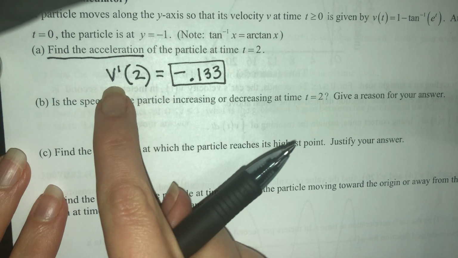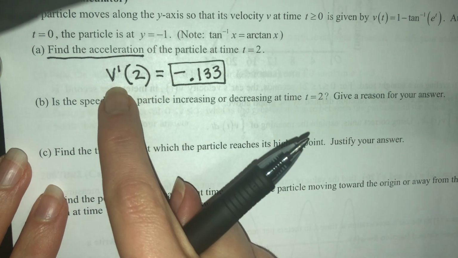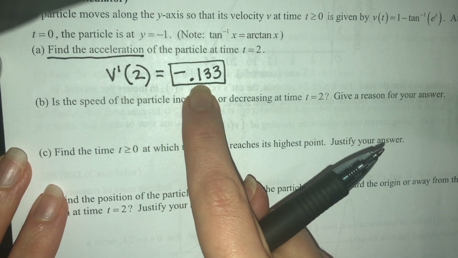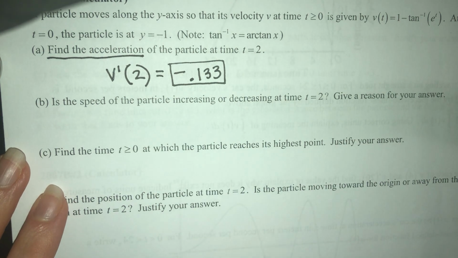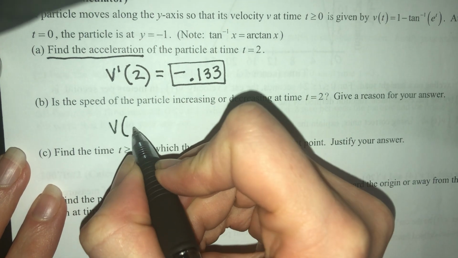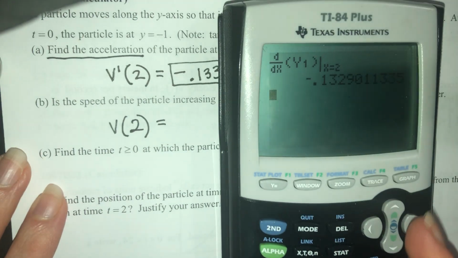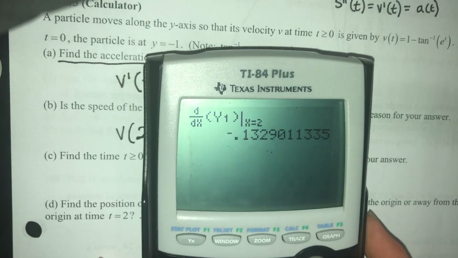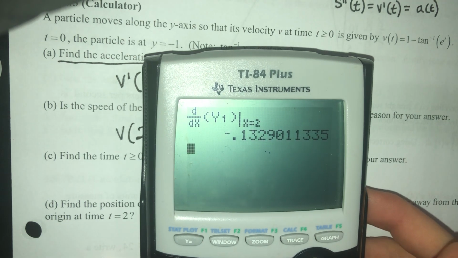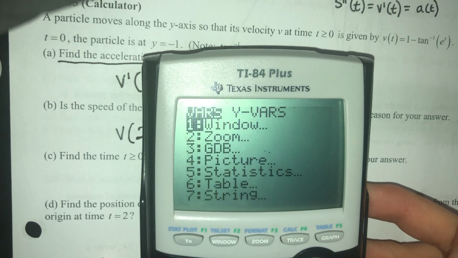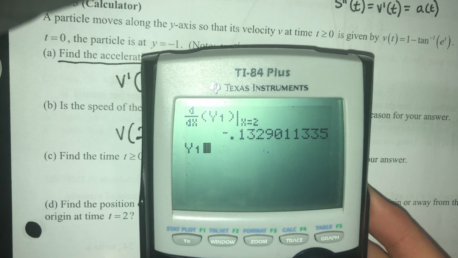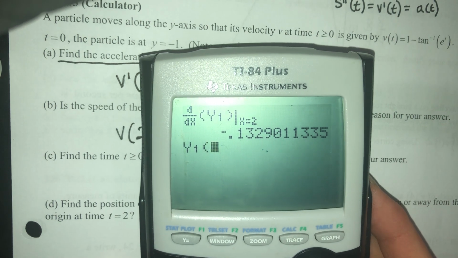So we already know at time 2 that the acceleration is negative. So now we just need to check what is the sign of the velocity. So the velocity at time 2 is what we need to find. In my calculator, since I already have my velocity equation in there, I'm just going to go VARS, Y-VARS, function 1, and then I'm going to evaluate it at 2.